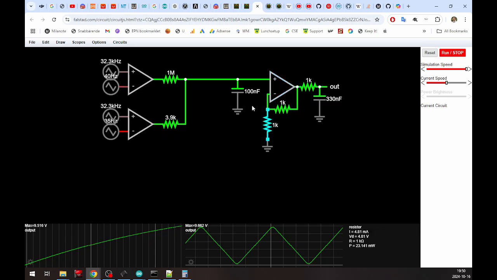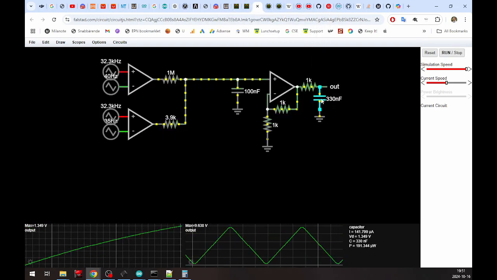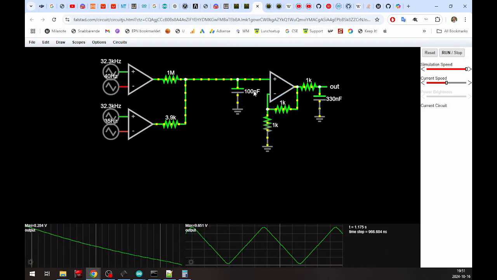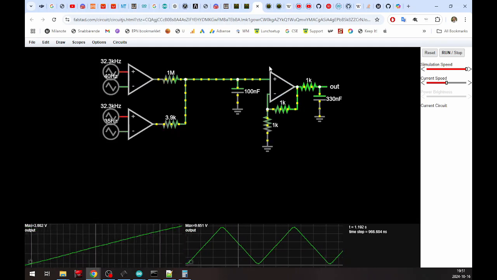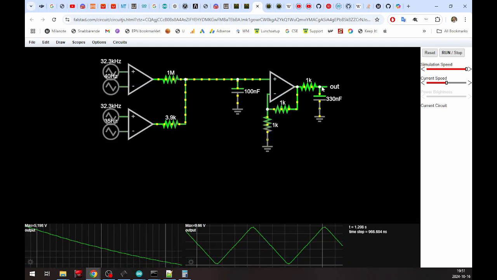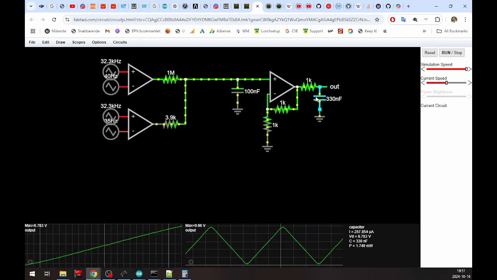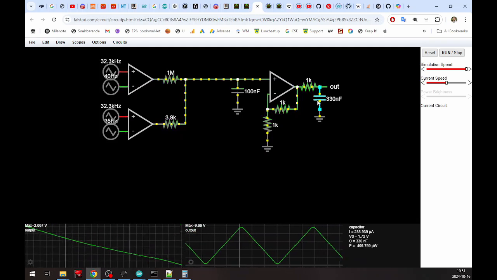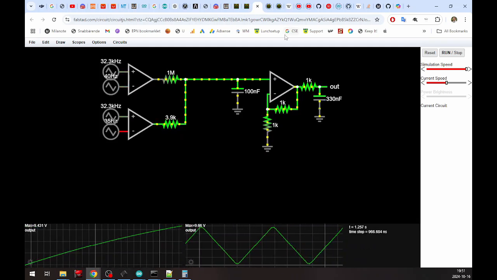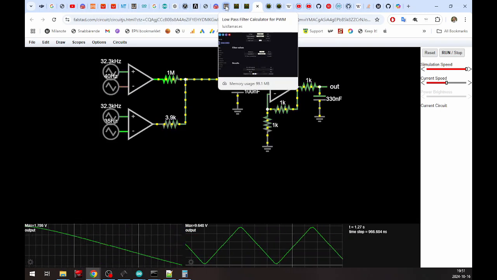So we take the signal times 2, so we get up a bit in voltage here, and then we smooth it out again with a 1K resistor and 330 nanofarads. And again, it's not really a second order low pass filter, but it is 2 low pass filters after each other, and the calculation doesn't work anymore.